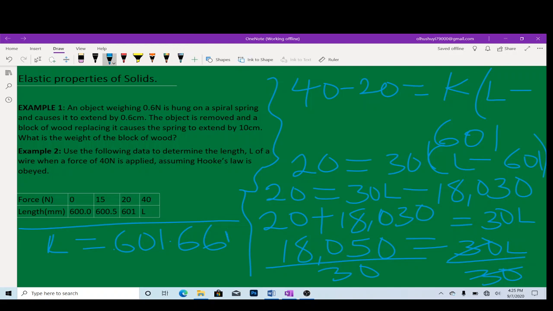Then put your units, millimeters. That gives us our answer. You can compare and look at the pattern: 600, 600.5, then 601 will now be 601.66 millimeters, or 601.7 millimeters. You're having the same value.